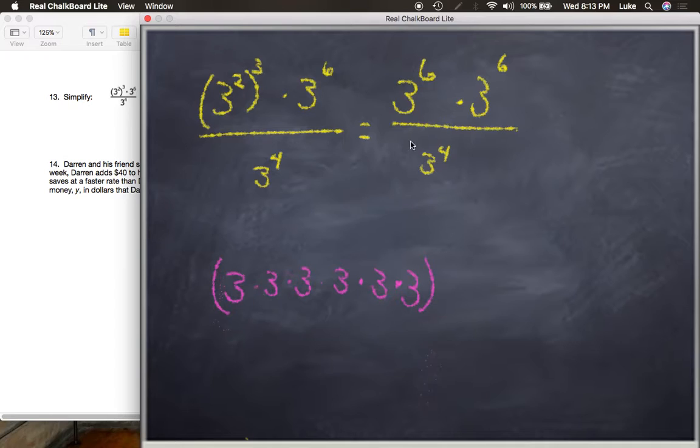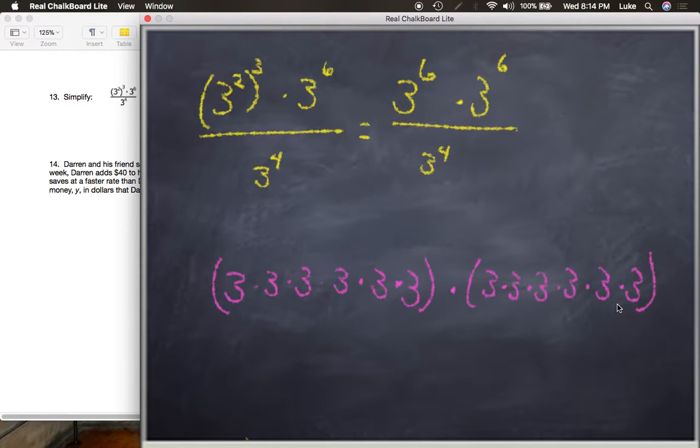That's the first 3 to the sixth power times, there's the multiplication, 3 to the sixth power again. So 3 times 3 times 3 times 3 times 3, and one more. All right, so now we have the 3 to the sixth power here times 3 to the sixth power here. Well, it's all just one line of multiplication.